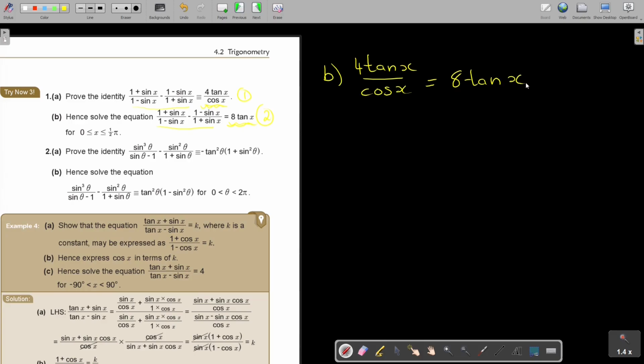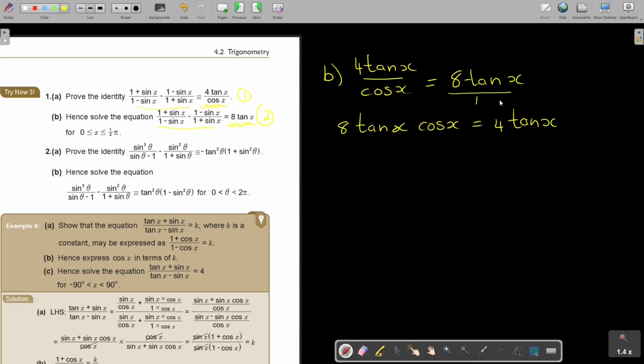Okay, so I can put this over 1 and multiply it. So I can say 8 tan x cos x equals 4 tan x.